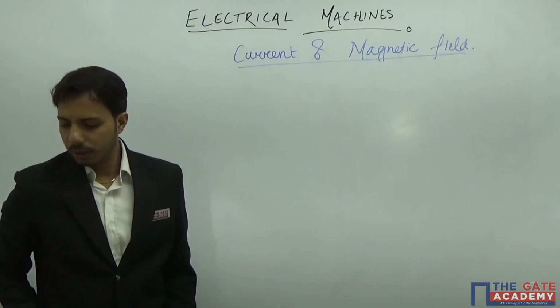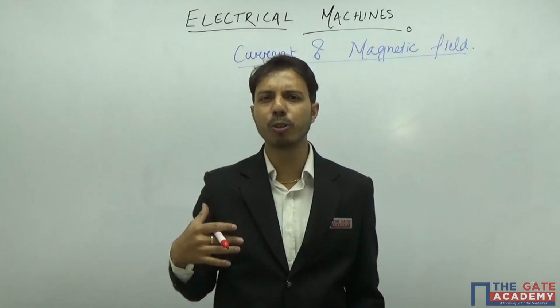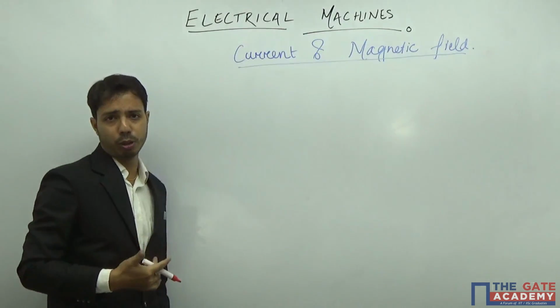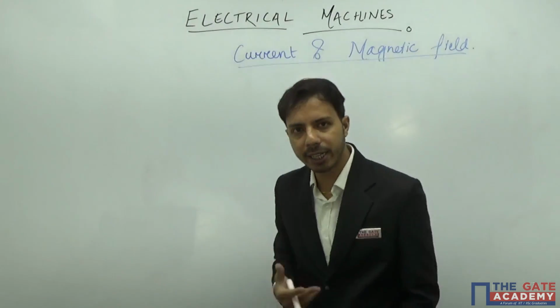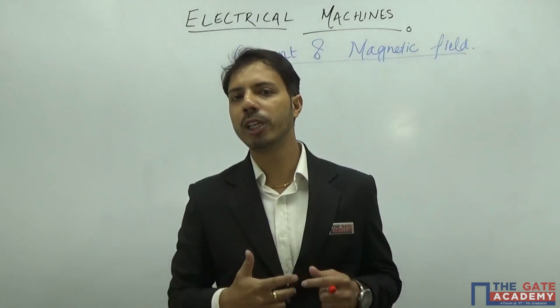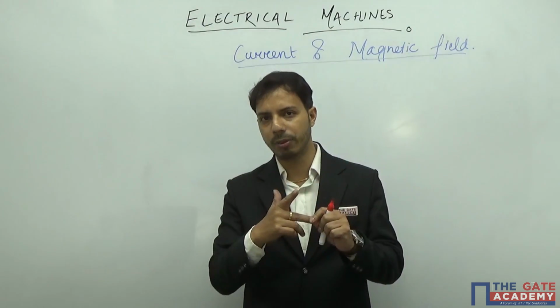Okay. Now the last thing that we should know for this topic is how to find the direction of the force. In the earlier one, we used Fleming's right hand rule to find the direction of the induced EMF.